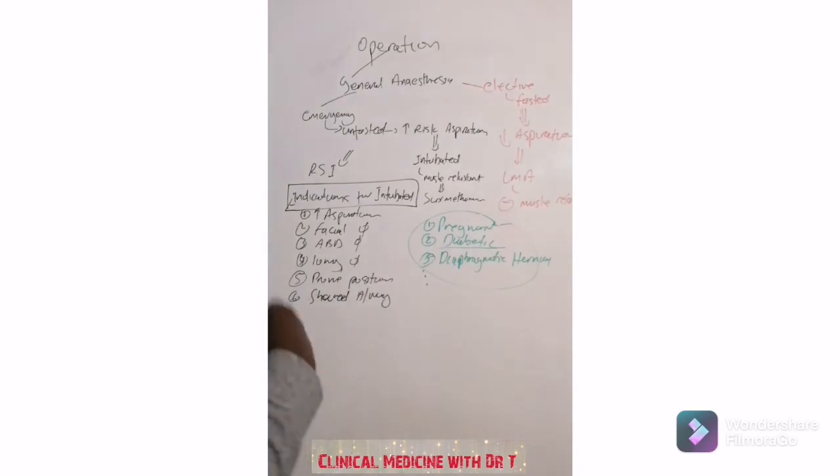Diabetic patients are regarded as unfasted because diabetes happens to cause neuropathy of the autonomic nervous system as well. So they get delayed gastric emptying.